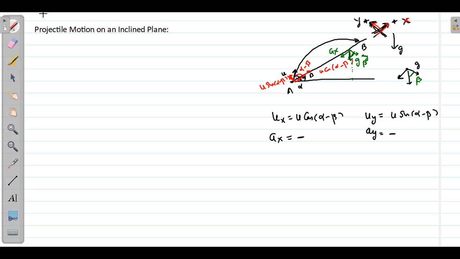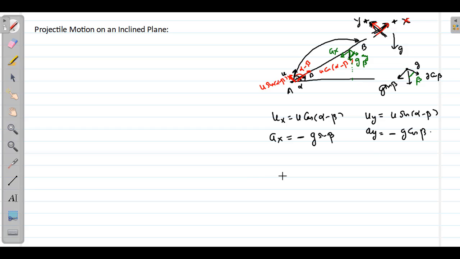Then this component is g cos beta, and this component is g sin beta. g sin beta is along the x-axis, so ax equals minus g sin beta, and ay is minus g cos beta. In this way we have found ux, uy, ax, ay.